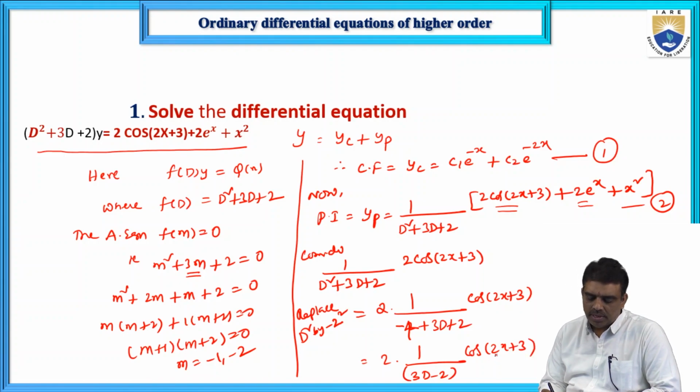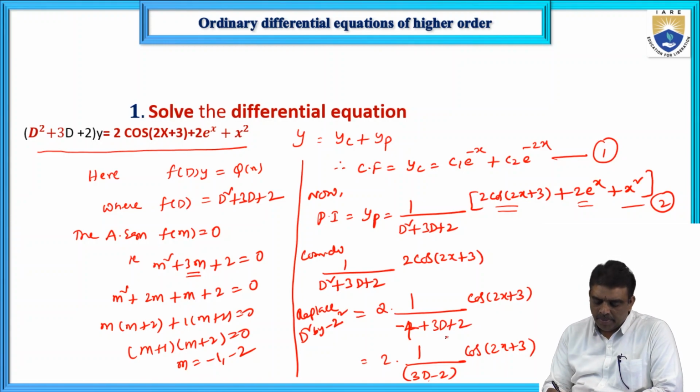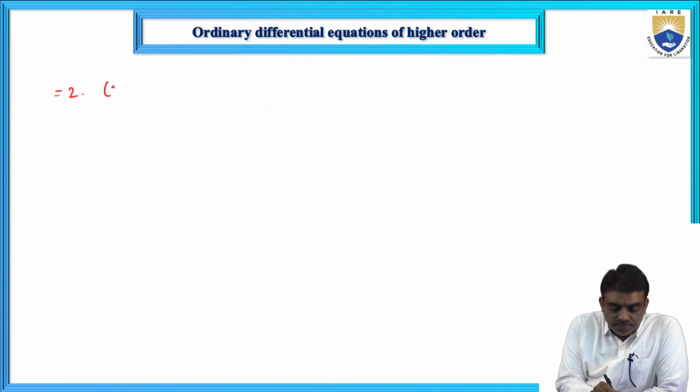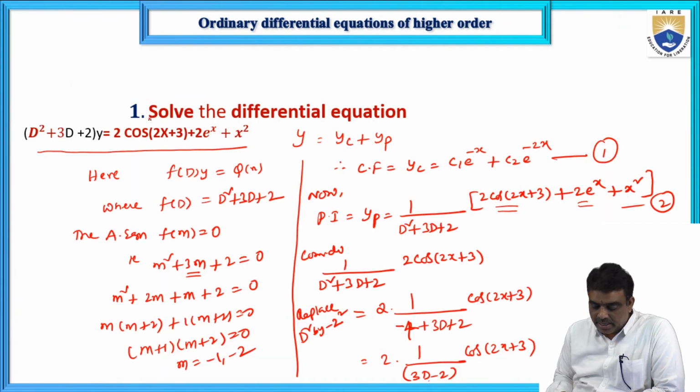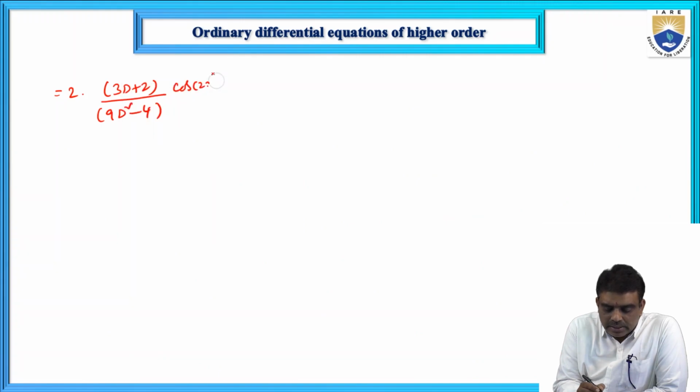Now again we have to replace D² by -b², but here there is no term of D². So we have to make the denominator a function of D² by multiplying and dividing with (3D + 2). On multiplying, you will get 9D² - 4 in the denominator.